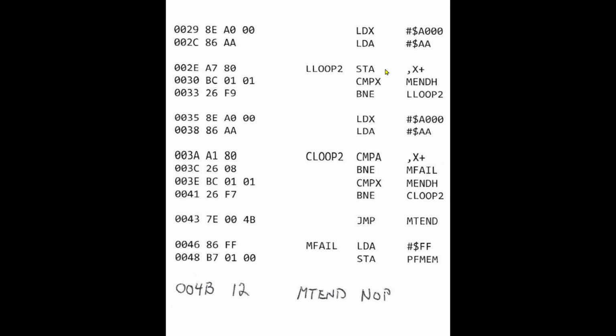Here again, this is just like before, we're going to store that value AA into memory. And we're going to continue to load AA into each successive memory location in that SRAM under test until compare X, memory end high, equals A401. That's memory end high and memory end low.